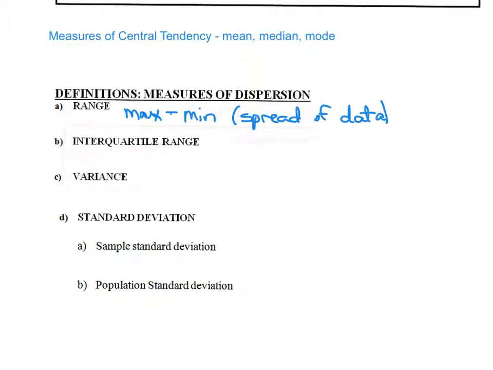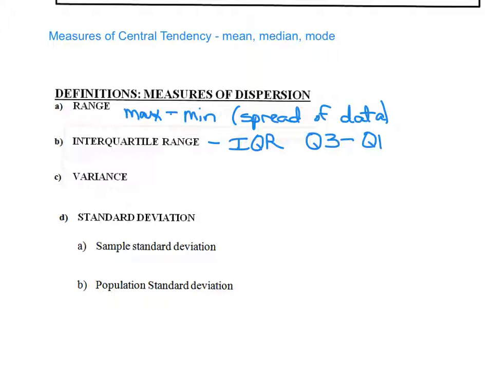The interquartile range, sometimes abbreviated IQR for interquartile range, is going to be quartile 3 minus quartile 1. You should have been exposed to quartiles back in 9th grade in algebra.